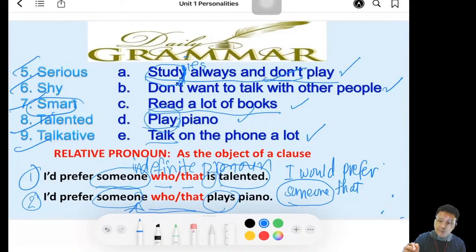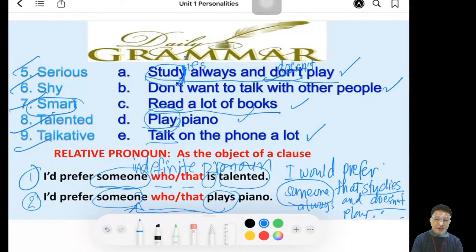And don't, since don't is plural, we're going to change it into singular. Don't will become doesn't. So the verbs there, study becomes studies, and the verb don't becomes doesn't. So I would prefer someone that studies always and doesn't play. Very good. So you have here studies, doesn't. It's already balanced. Always remember the subject-verb agreement.